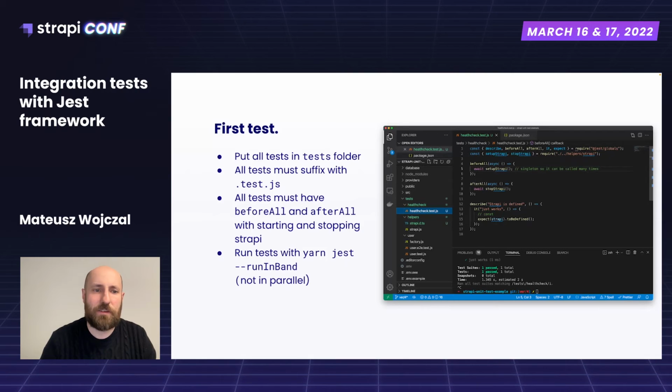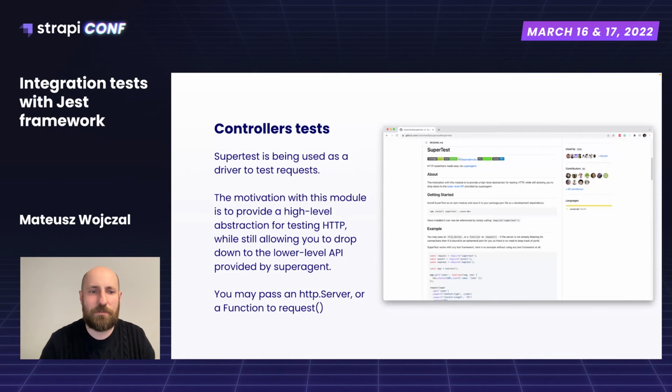This option will run one test, and once it's finished, it will run another one. It's not the default behavior of Jest. Jest tries to run as many tests as possible by using all of the possible threads from the processor and operating system, but here it won't work. We have to run this with runInBand.